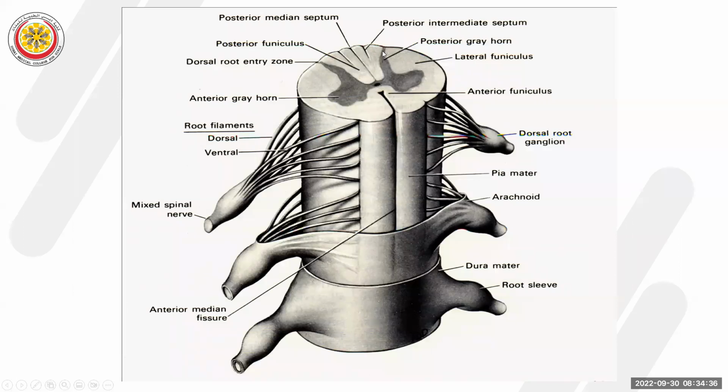So this is why on the surface we have another additional sulcus. While anterolaterally, we just have the ventrolateral or anterolateral sulcus. This is the point of exit of the ventral rootlets of the ventral root of the spinal nerve.